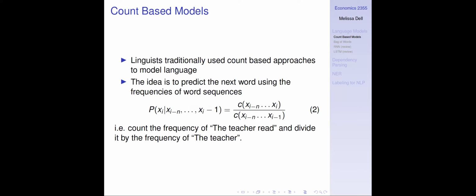Let's say you want to compute the probability of "the teacher read". You count how many times "the teacher read" appears in your corpus, and you divide it by how many times "the teacher" appears. Same thing with anything else, like "I went to the store": you count how many times that appears, and you divide it by how many times "I went to the" appears.